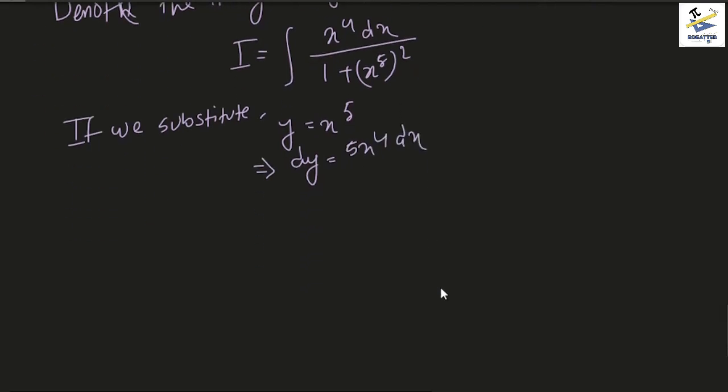And what we want is the value of x to the power 4 dx. So x to the power 4 dx should be equal to dy by 5.